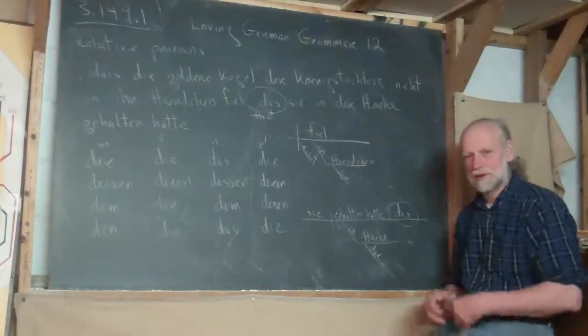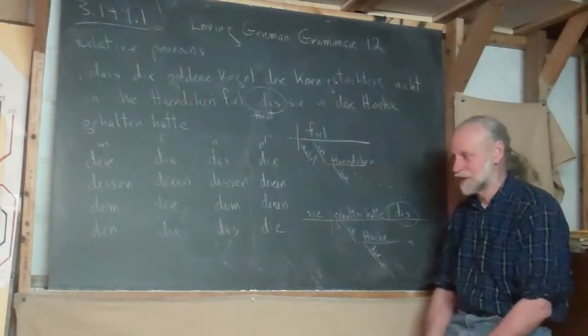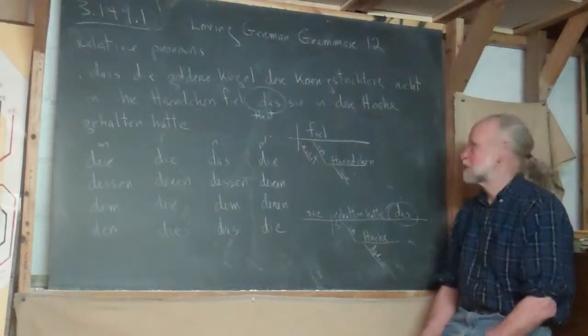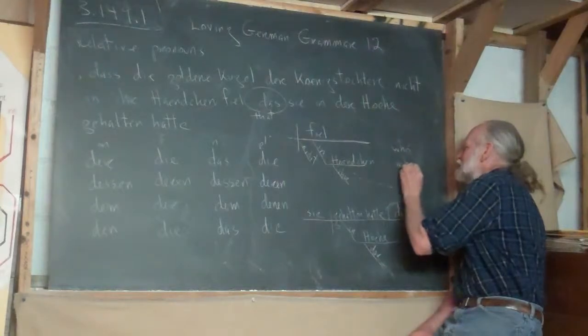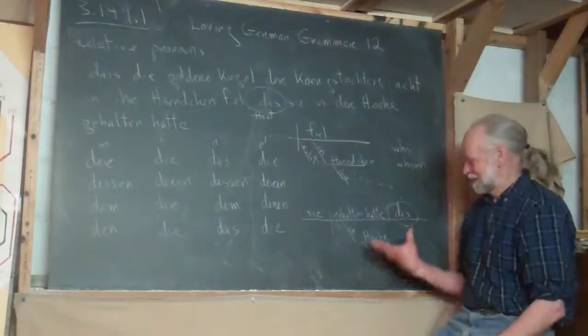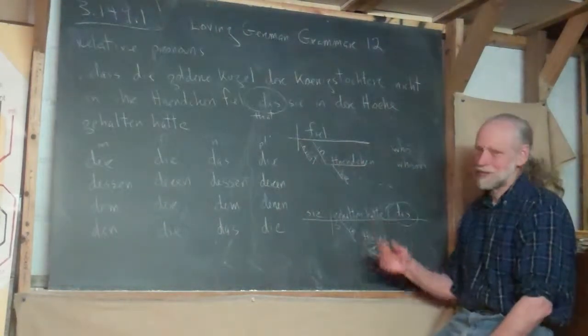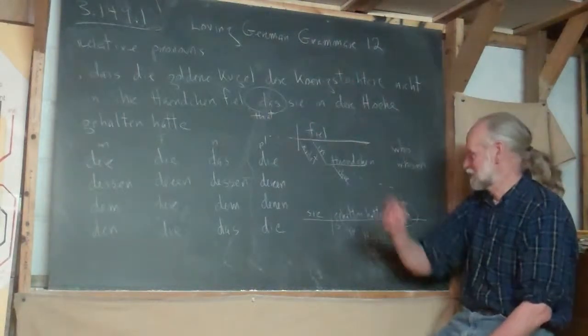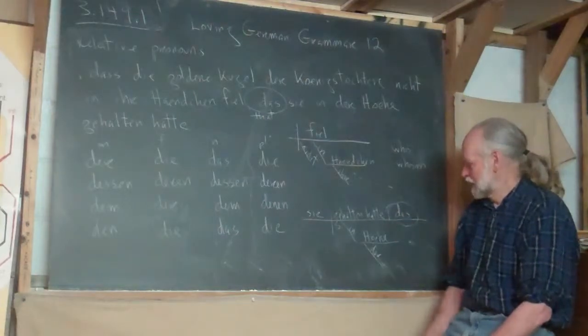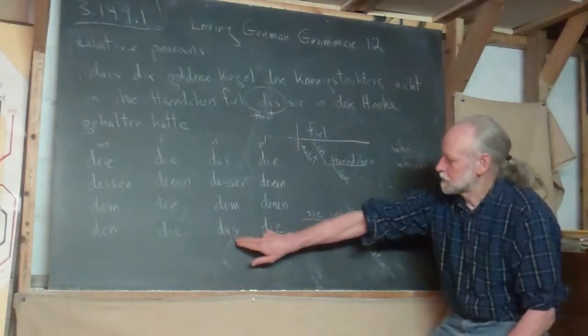Well, since it's a direct object, it's going to be the accusative case. If you've ever wondered in English about when do you say who and when do you say whom, well, here's the issue. But I'm not teaching English grammar right now, unless it serves me to get you to love German grammar. So there's the position. It's going to be the accusative case.